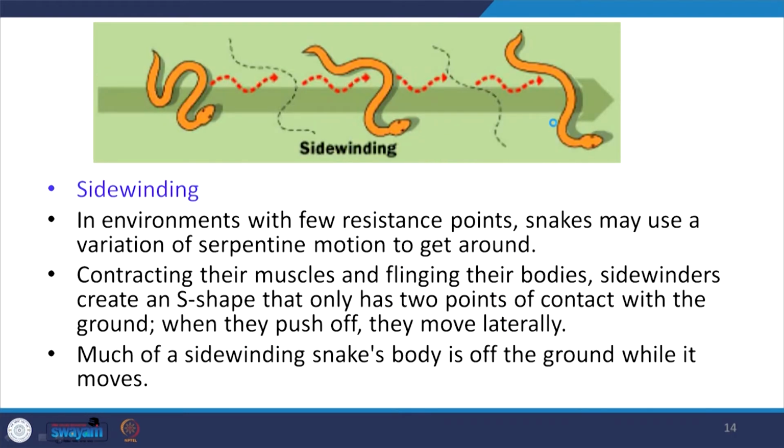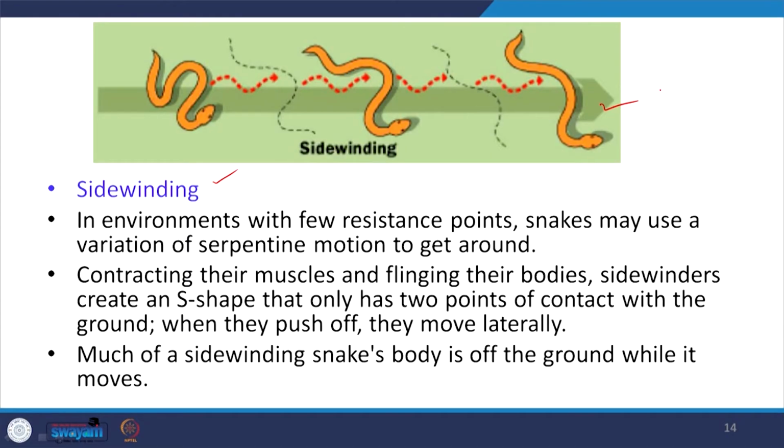Then there is another gait called side winding. In environments with few resistance points, snakes may use a variation of the serpentine motion to get around. Contracting their muscles and flexing their bodies, side winders create an S shape that only has 2 points of contact with the ground.